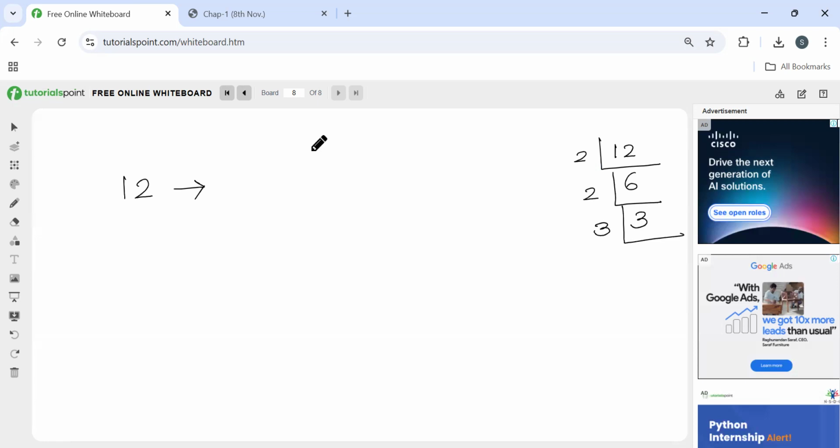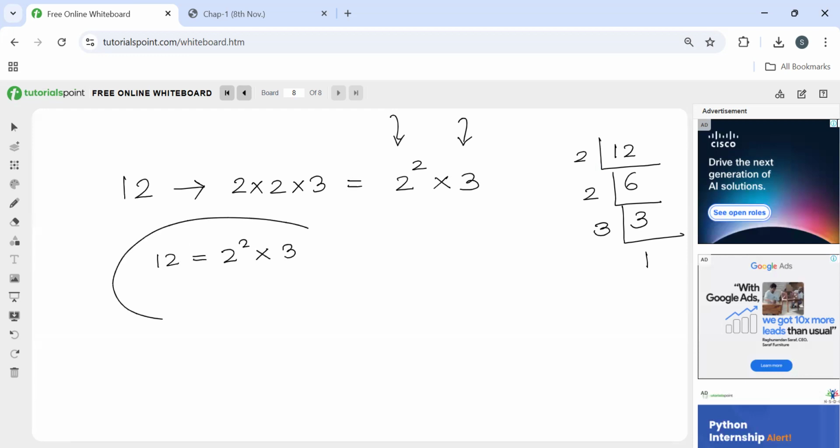Dividing 3 by 3, you get 1. So 12 can be written as 2 into 2 into 3, which is 2 square into 3, where 2 and 3 are prime numbers. So 2 square multiplied by 3 is the prime factorization of 12.